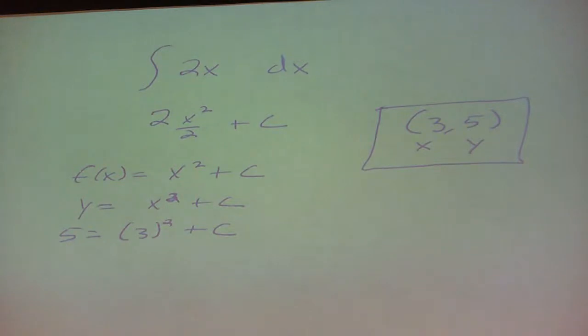But if I give you extra information, you can solve for c.